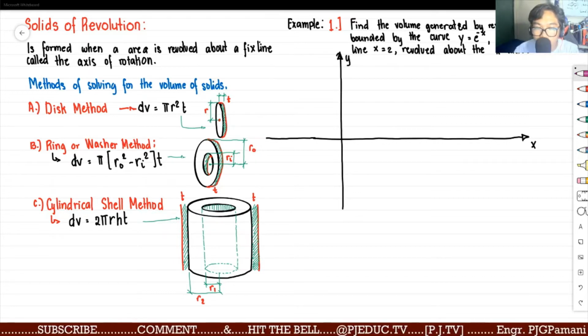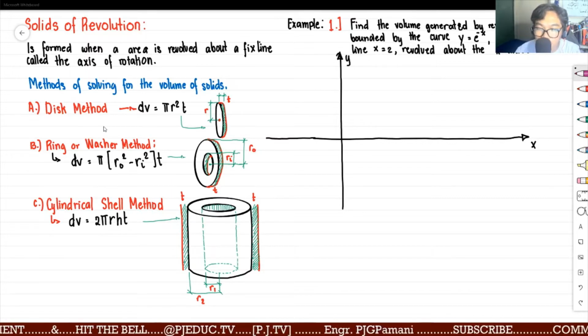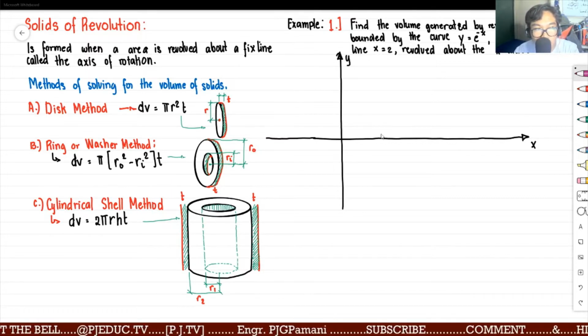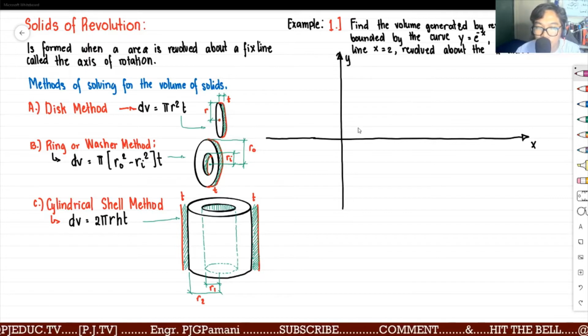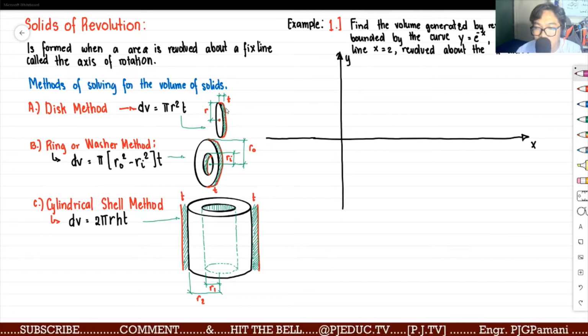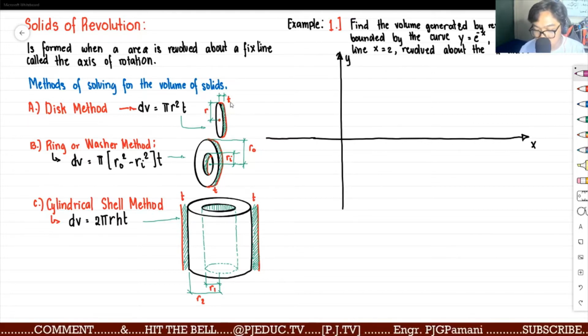Those are, first one, the disk method. By considering this method, we need to consider that particular curve to be revolving as a disk with respect to an unknown thickness.